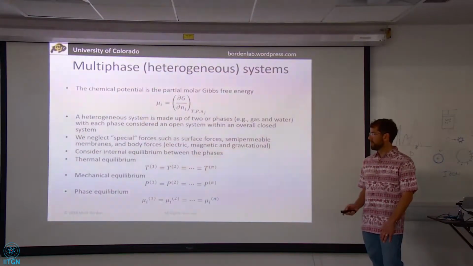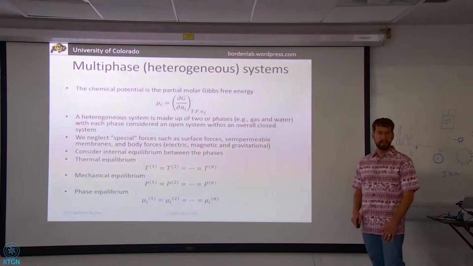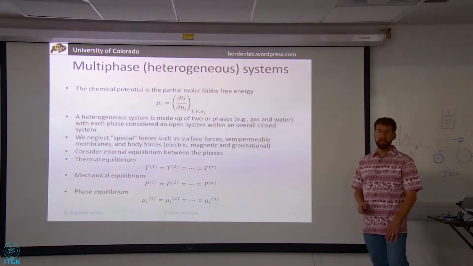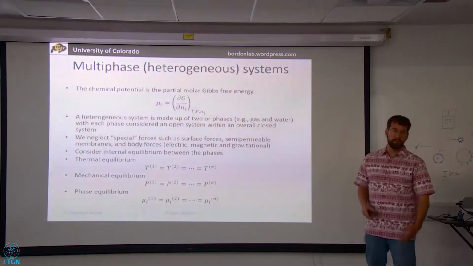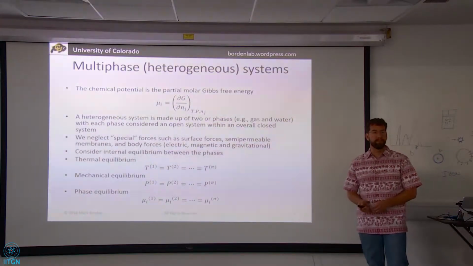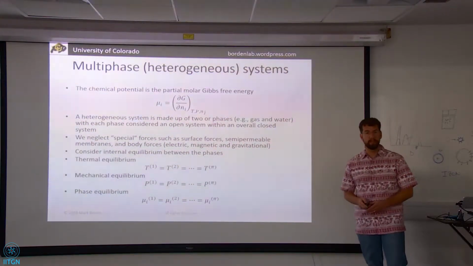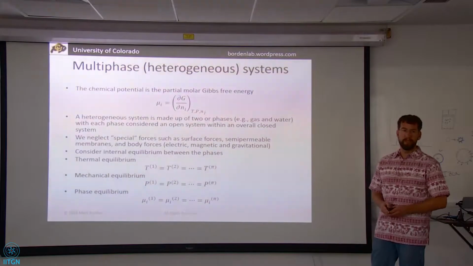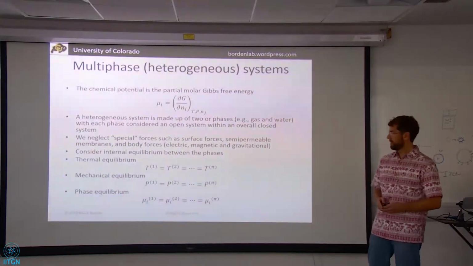And phase equilibrium is defined as the chemical potential of each species being equal in each of the phases. Okay? So that's chemical equilibrium, or often we call it thermodynamic equilibrium, particularly in chemical engineering terminology or chemical thermodynamics.